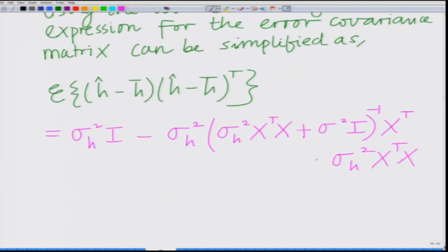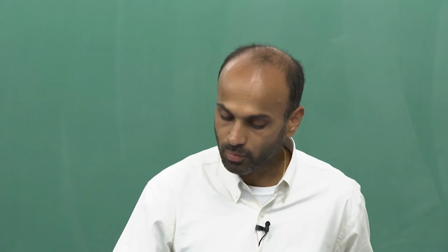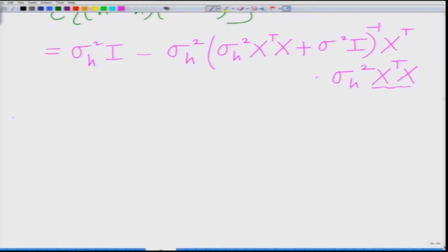Now, to this X^T X, I am going to add and subtract sigma^2 identity, and that is how I am going to simplify this. Now this is a slightly tricky step, so please pay attention.